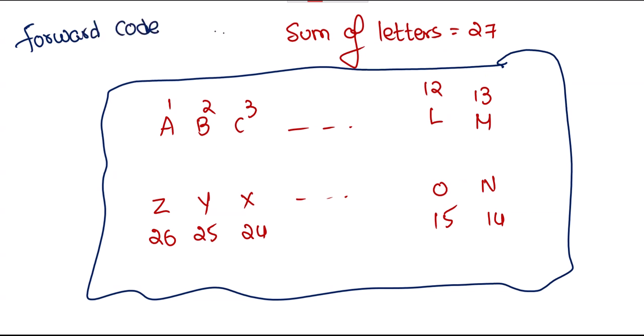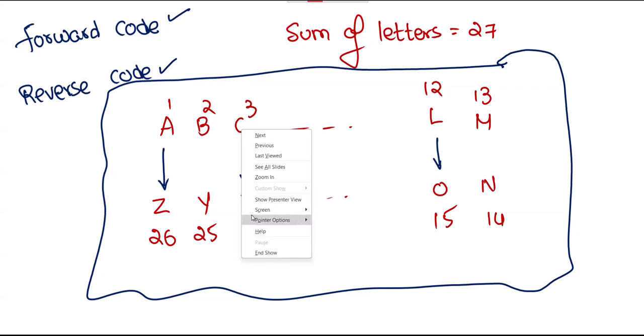The other advantage with this type of approach, reverse code also will be satisfied. How, sir? How is reverse code? See reverse code, see the vertical one, the other value is what? L reverse code value is 15. C reverse code value is 24. So what is this reverse code? We have 26 alphabets.